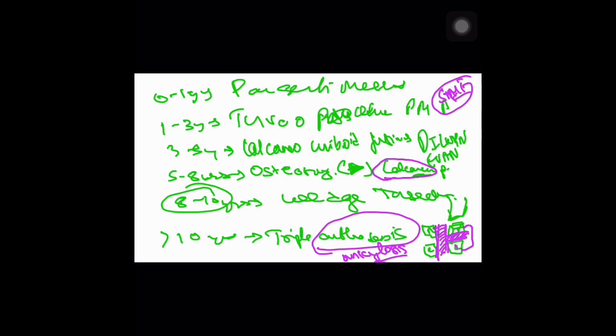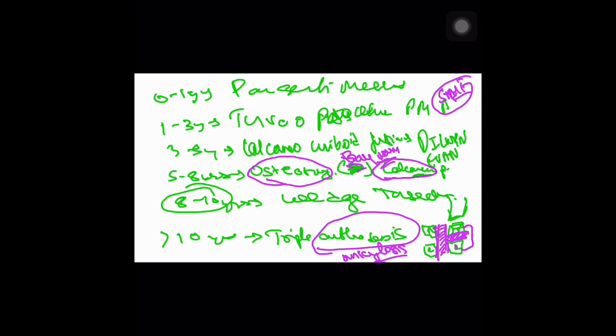In calcaneocuboid fusion, the bone has fused, so there will be soft tissue contraction and forefoot adduction also. And why are we going for osteotomy? Because there will be bony varus. That is why we go for osteotomy also.